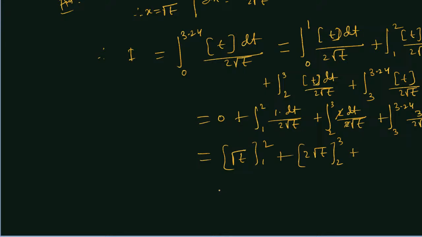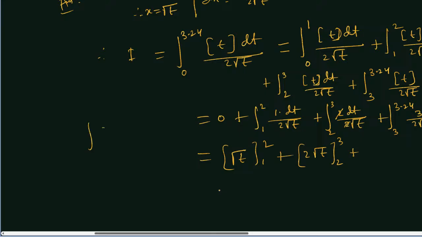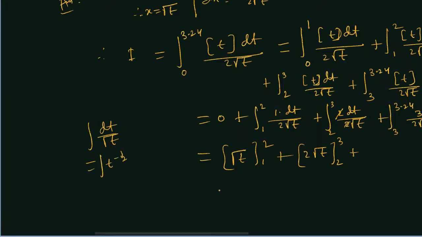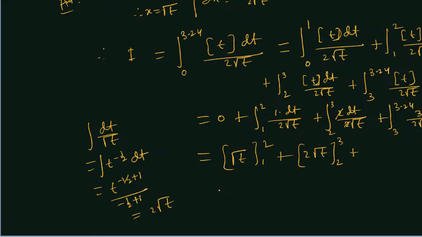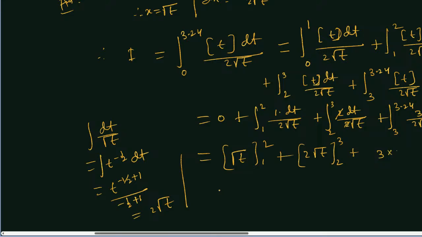You understand? I've just integrated it. In all, t to the power minus half dt. Minus half plus 1 by, so it is 2. I'm just putting it there simply. This will be what? 3 into 2 root, again in the same manner. This time 3 to 3.24.